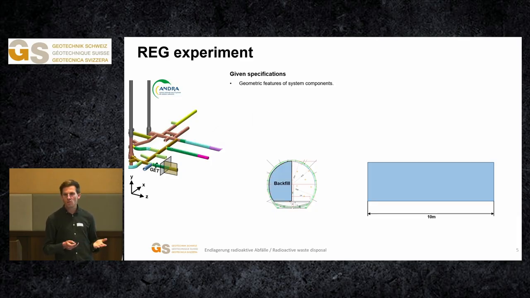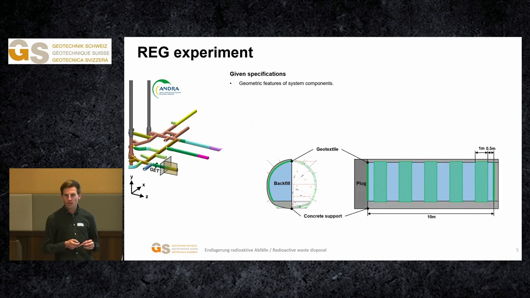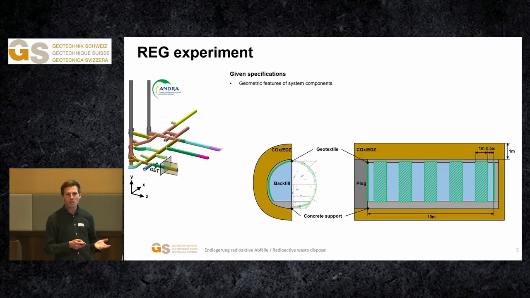There is first the backfill itself, which has a cylindrical shape and a length of 10 meters. 7 geotextile membranes are disposed on the outer face of the backfill in order to artificially saturate this system. This system is surrounded by the concrete support structure and takes place in the Callovo-Oxfordian claystone with an excavation damage zone.